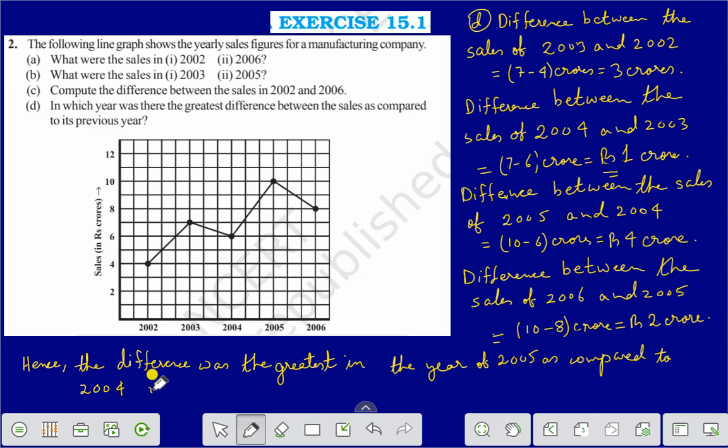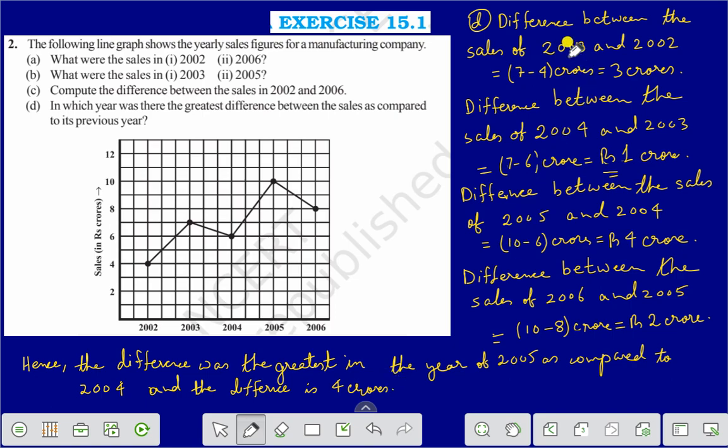And the difference is 4 crore, which is maximum.